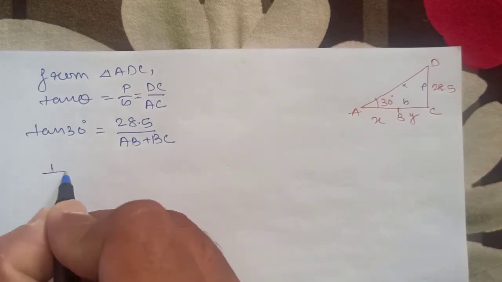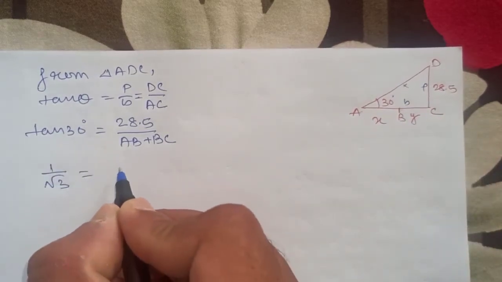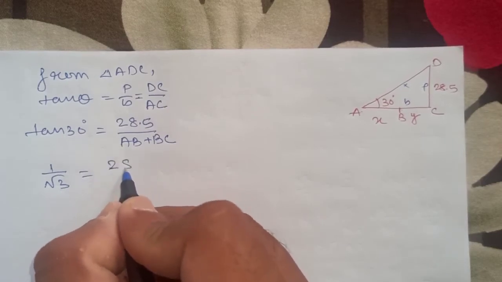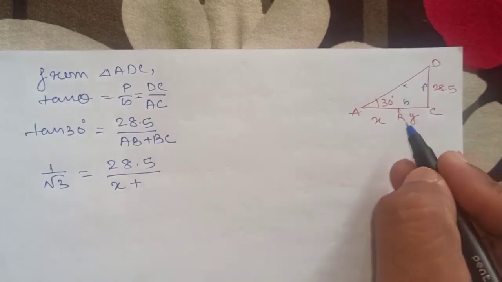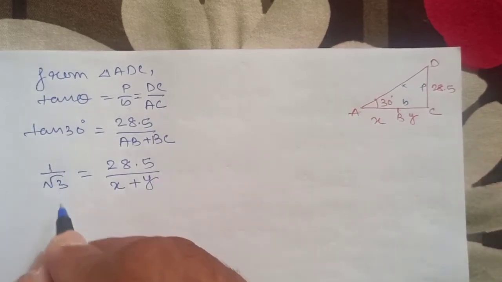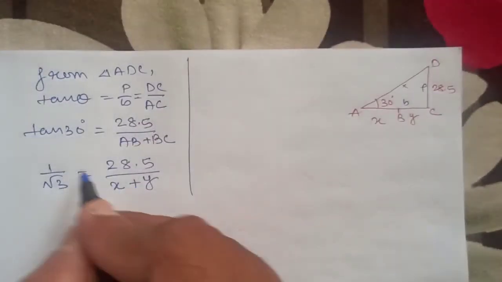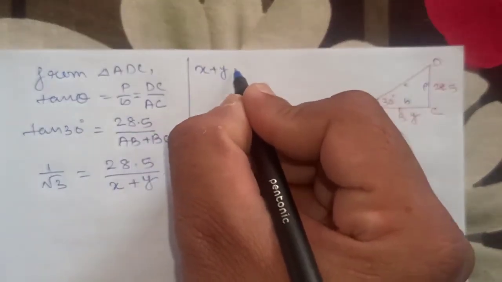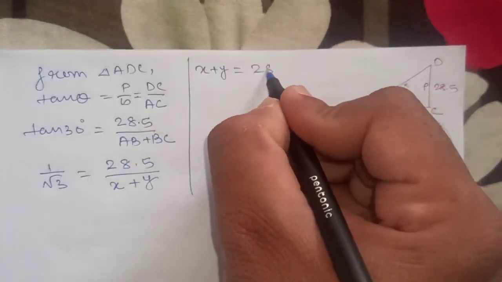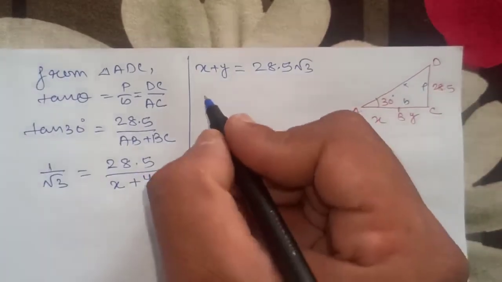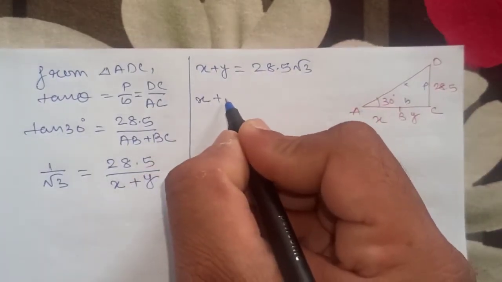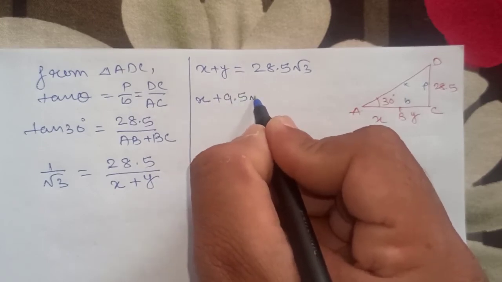Tan 30 is 1 by root 3 equals 28.5 by AB plus BC. AB is X and BC is Y. Cross multiplying, we get X plus Y equals 28.5 root 3. The value of Y we got is 9.5 root 3.